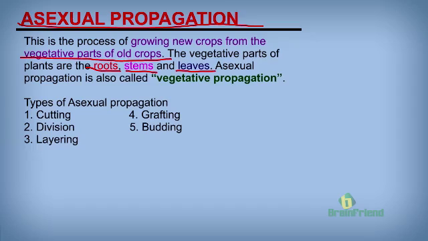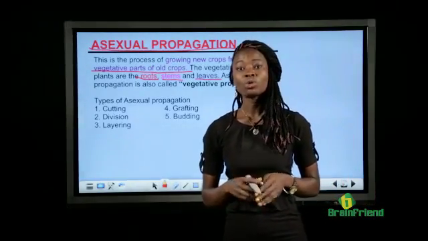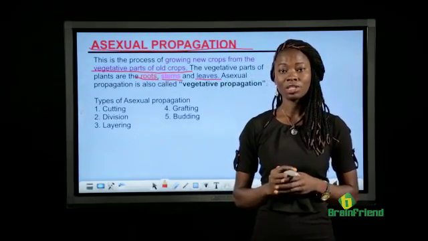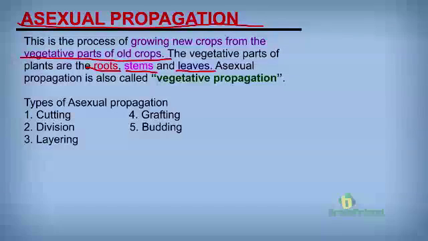Or vegetative parts are various parts of crops other than the seeds. In asexual propagation, we use any of these parts to cultivate crops. And for this reason, asexual propagation is also called vegetative propagation.